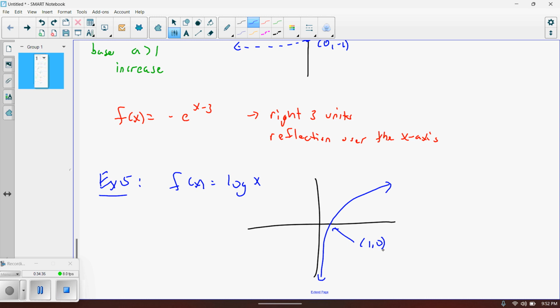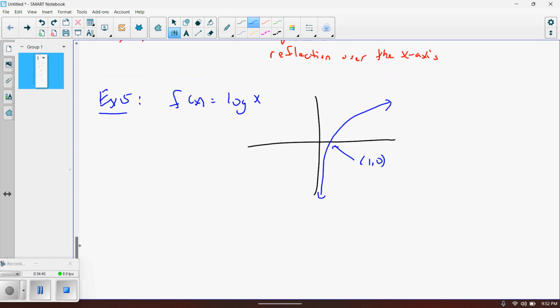So if you wanted to shift a log function, it's exactly the same general idea. Let's say that we wanted to move the whole thing to the right three units. So then it would be x minus 3.